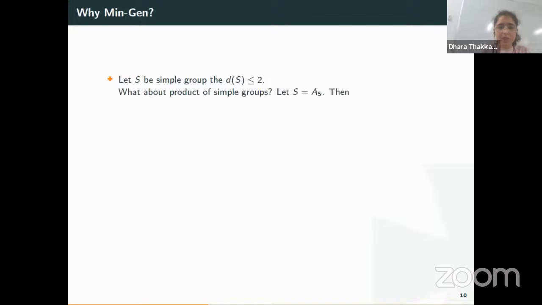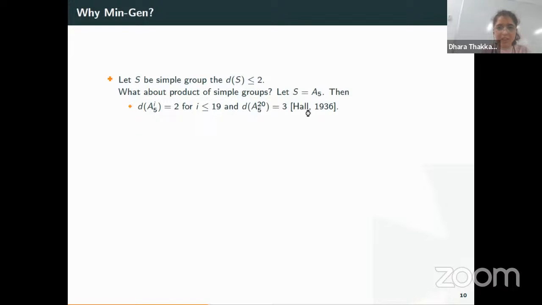But once we consider direct products of simple groups, the situation becomes more interesting, because it is known that even if we take powers of A5 up to 19, the size of the minimum generating set is just 2. And once you take the 20th power of A5, it is just 3.